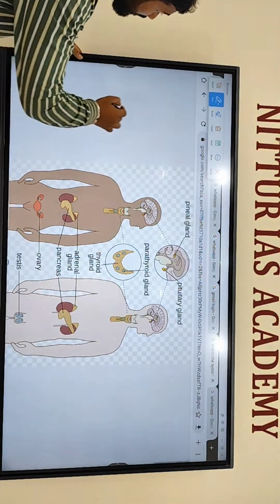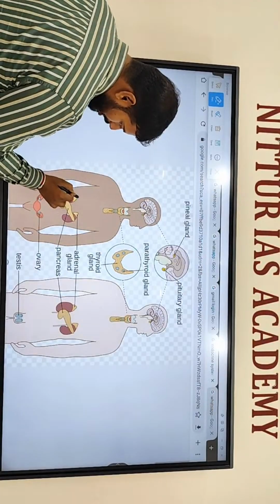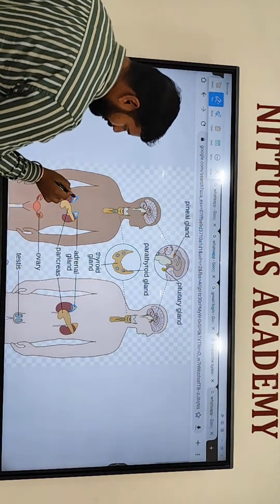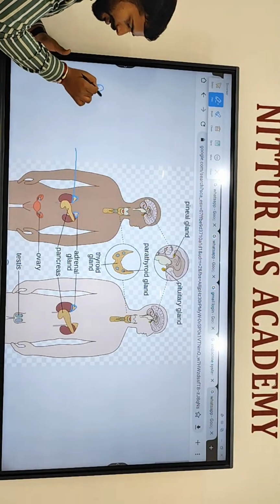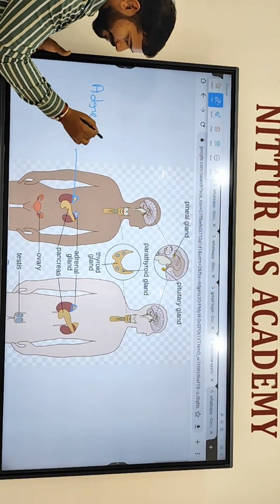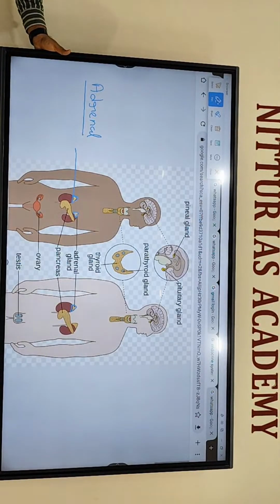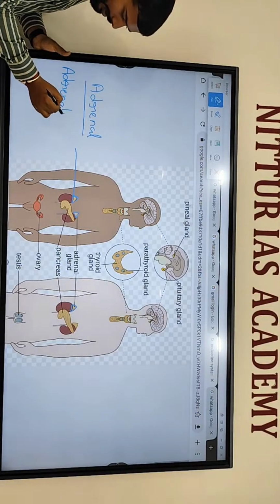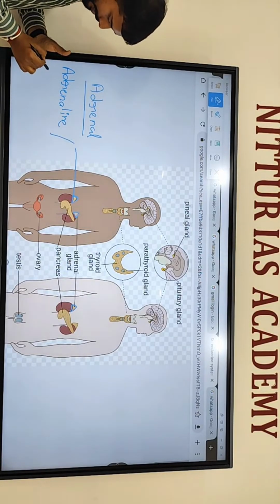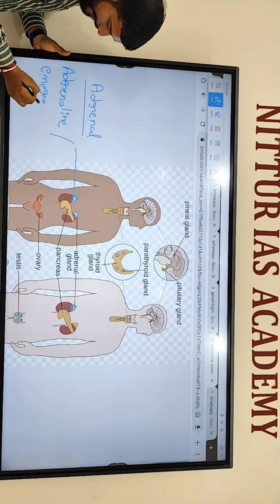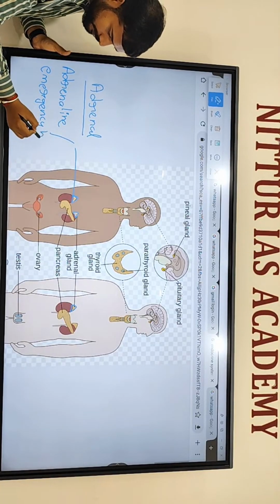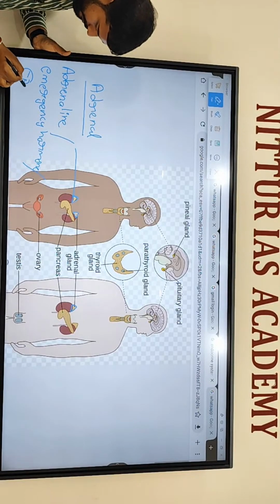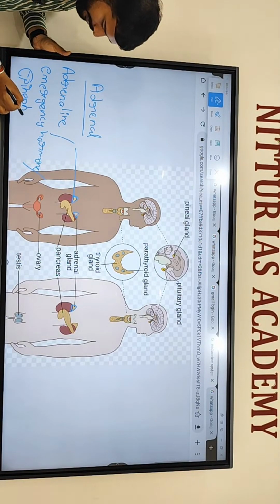Then we have the adrenal gland, a cap-like structure present on both of our kidneys, both in male and female. The adrenal gland produces a hormone called adrenaline or emergency hormone, or epinephrine.